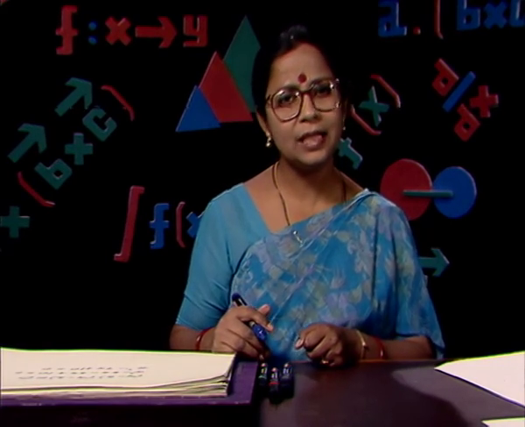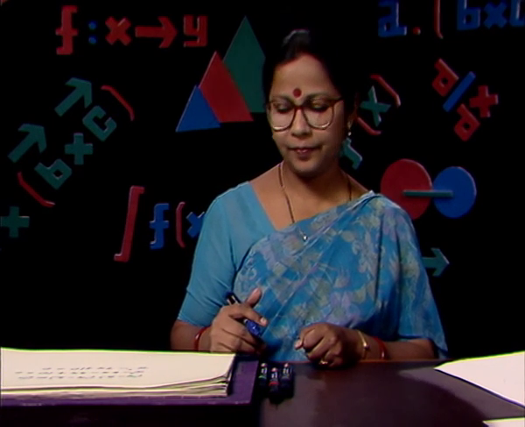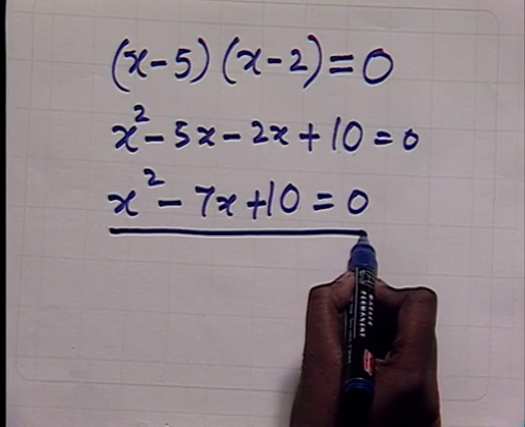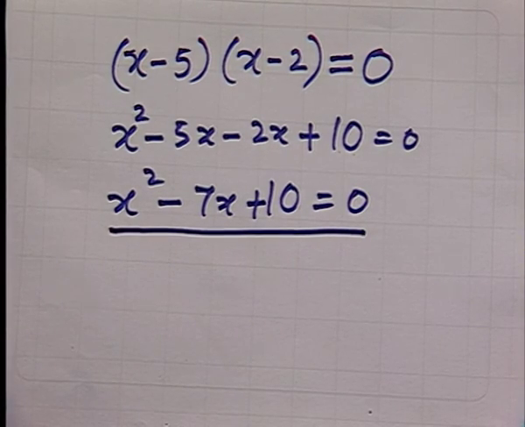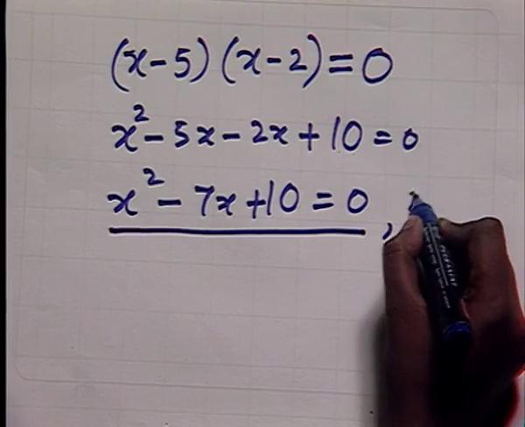But can we obtain these equations by any shortcut method? Let us see. Observe the equation x² − 7x + 10 = 0. We were given that the roots of this equation are 5 and 2.